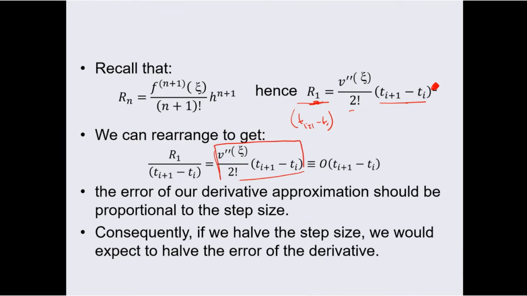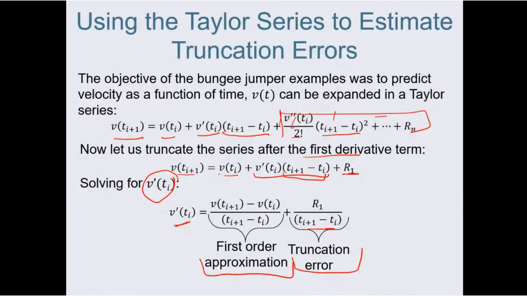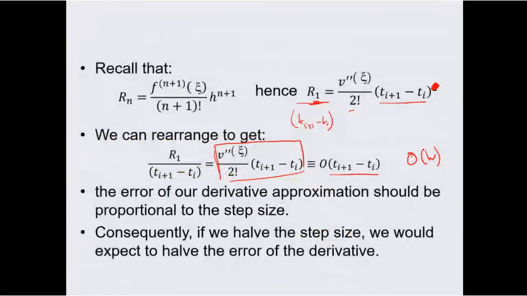So we get this, which is of the order of ti plus 1 minus ti, or we are saying of the order of h, not of the order of h square, because one of the terms has been taken down there. Now this means that the error that we get here is of the order of h. So the error of our derivative approximation should be proportional to the step size.